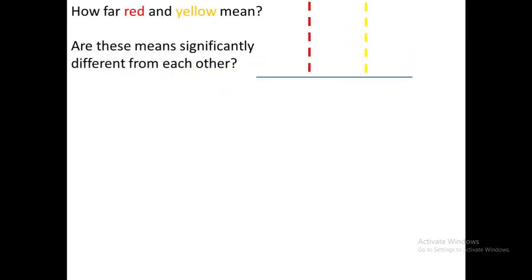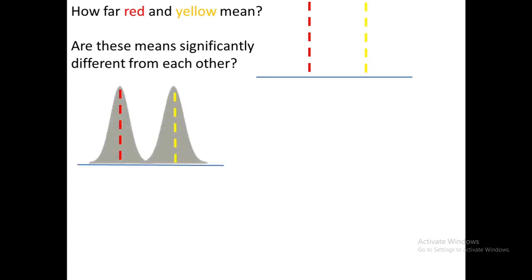Let's understand with this example where red and yellow lines are the mean value of two groups. Here we will see how far the red and yellow means are from each other. Are these means significantly different from each other, or in other words, are these means significantly far enough from each other? When data is concentrated near the mean value, or data sets have low variability, the means can be identified as being from different populations.